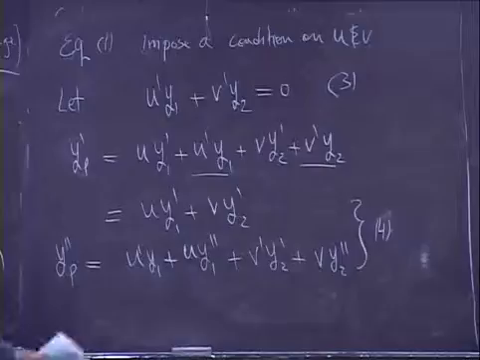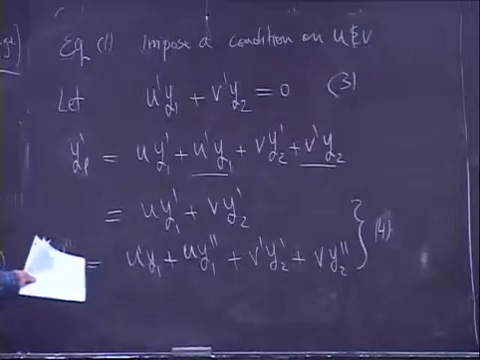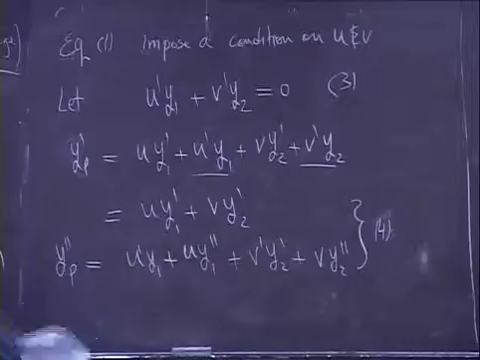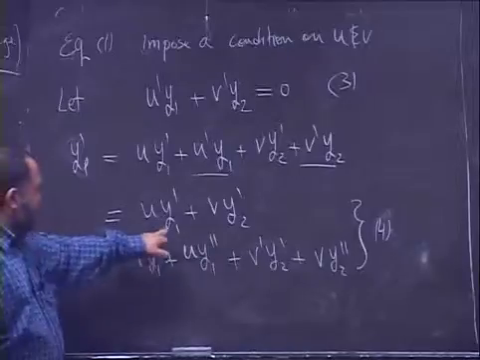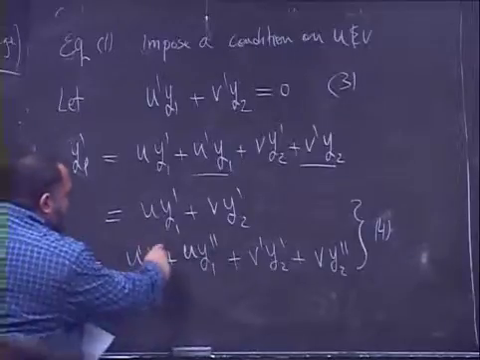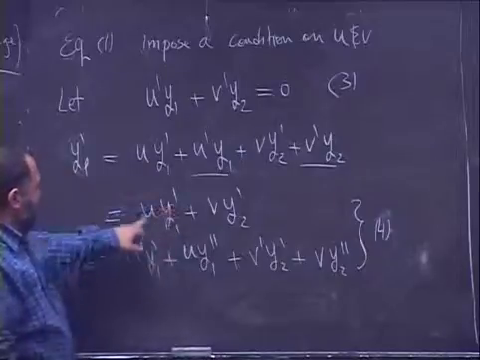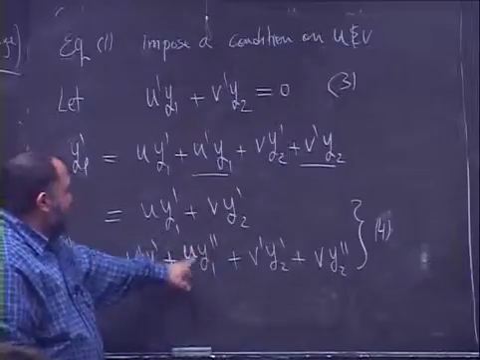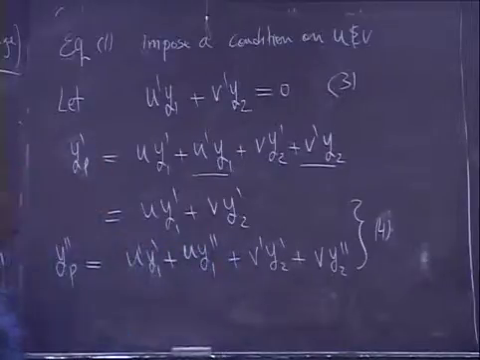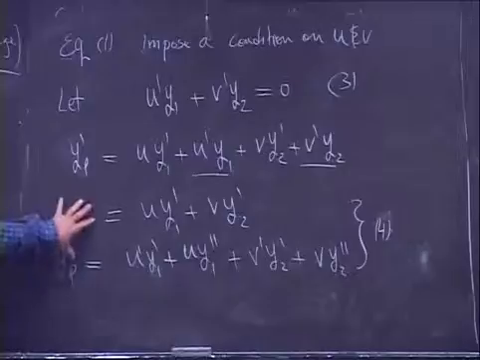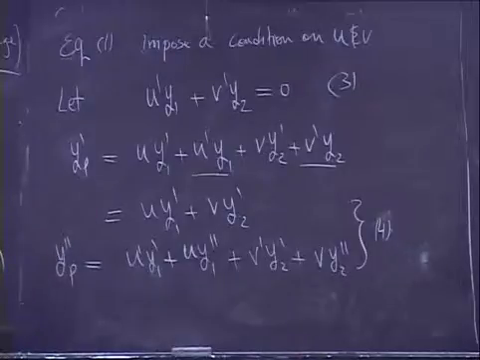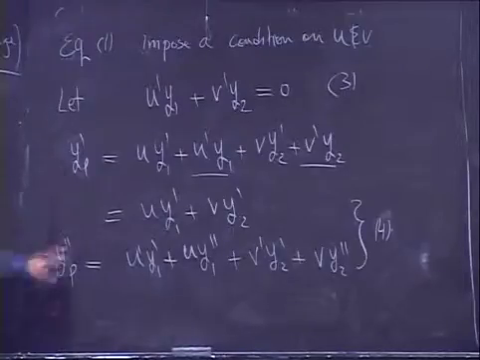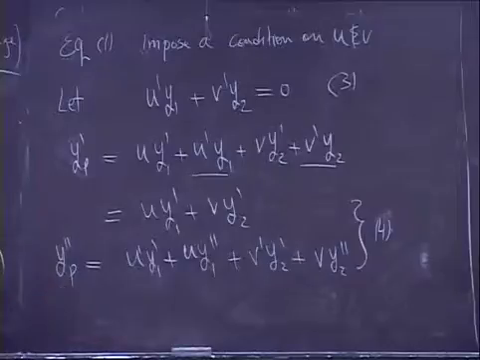Okay, guys? Do you have any question? Just the first multiplied by the differentiation of the second plus the second multiplied by the differentiation of the first, and again here. Okay, so you will take equation number 4 and equation number 2. So you will take yp, and you will take yp prime and yp double prime, and you will substitute here.